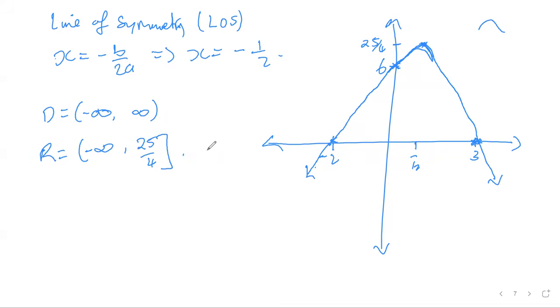That's the range of that function. Just by observing it on the graph, you see the range of the function, whereas the domain is always all real numbers. So that's that about graphs of linear and quadratic functions.